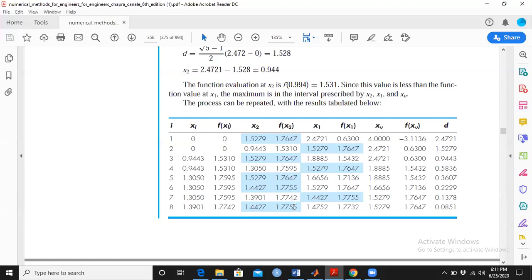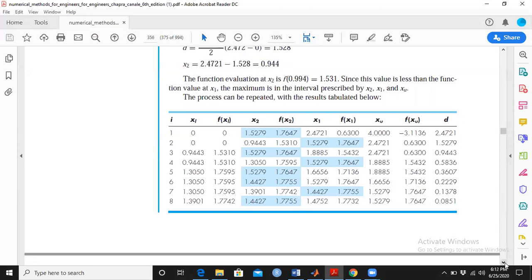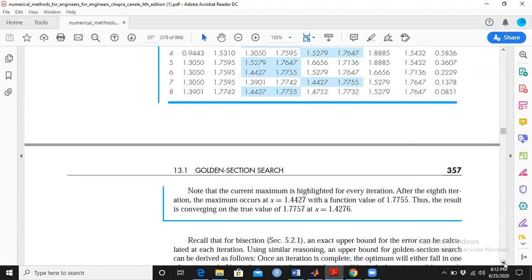We have obtained the maximum values for functional values at these points, and these values are quite close to each other. And you can see here that 1.7647 is smaller than 1.7755. All right.